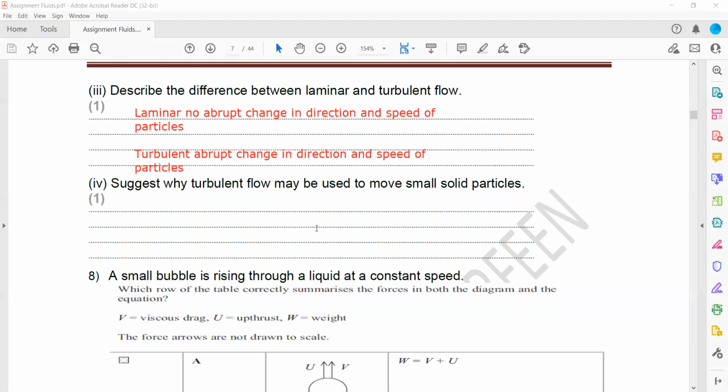The next one: suggest why a turbulent flow may be used to move a small solid particle. When there's a turbulent flow, the particle will have more collisions with the solid. There's a continuous change or disruption of the particle's flow, so it does not allow the particle to stop.